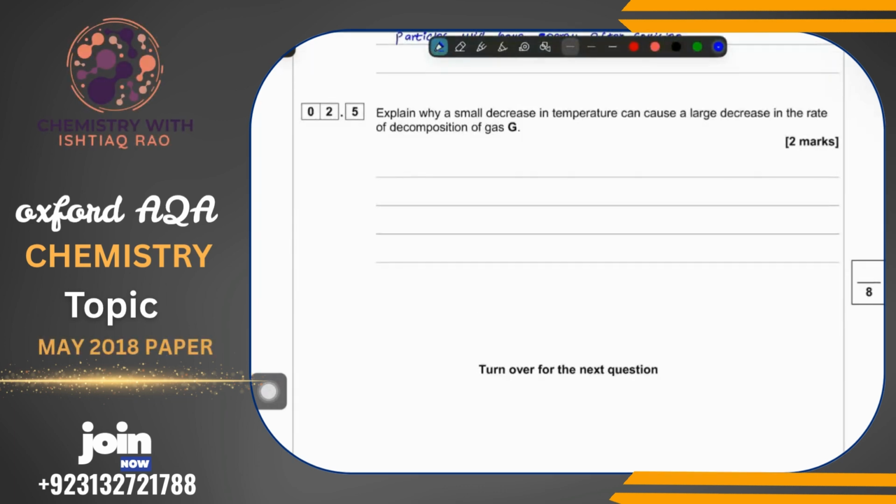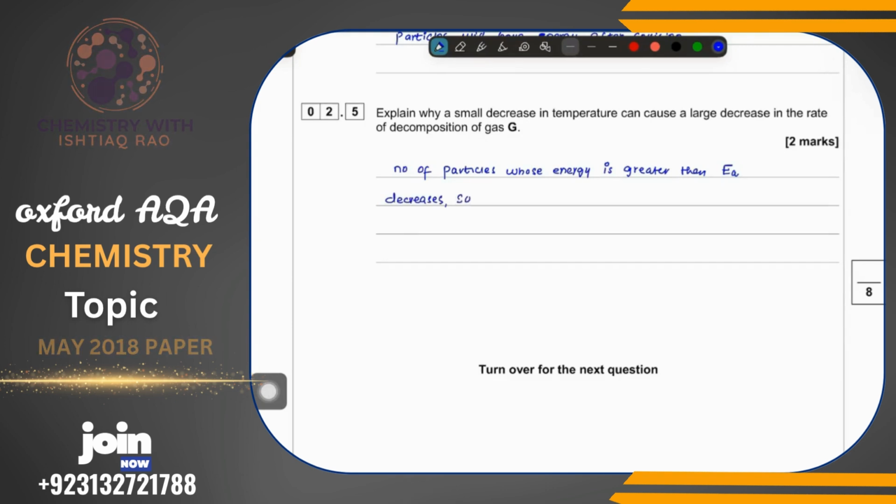Number one, after decrease in temperature, the number of particles whose energy is greater than activation energy decreases.